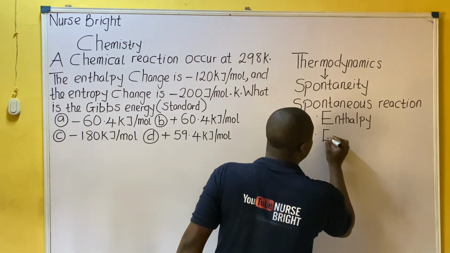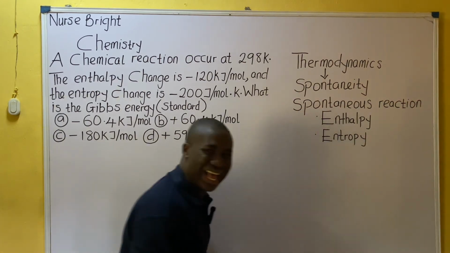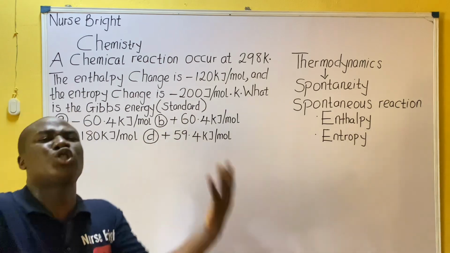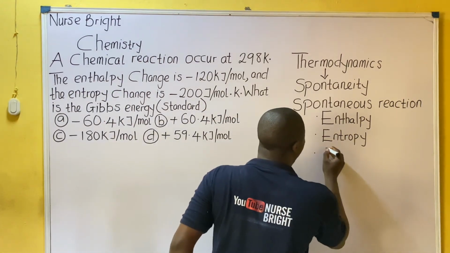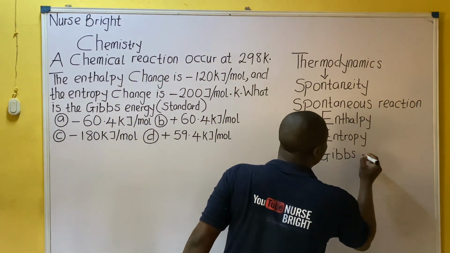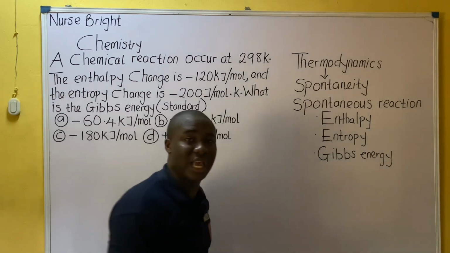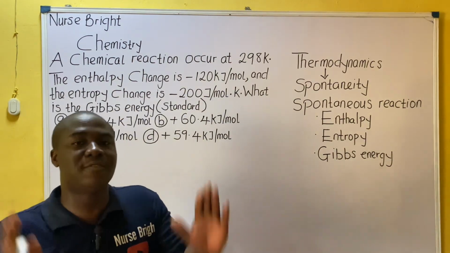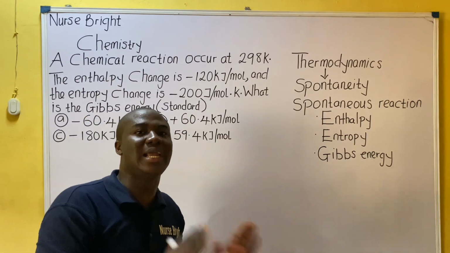All right, please listen very well. Entropy, and the last condition that tells us if a reaction will be spontaneous or not is what we call Gibbs energy. What did I say? It's what we call what? Gibbs energy, or if we don't call it Gibbs energy, we simply call it free energy. Are you there? Gibbs energy or free energy.